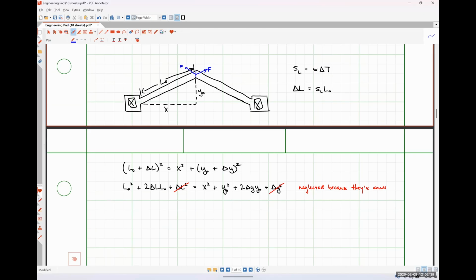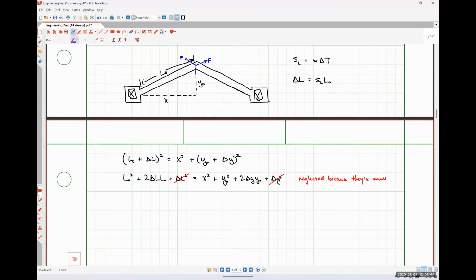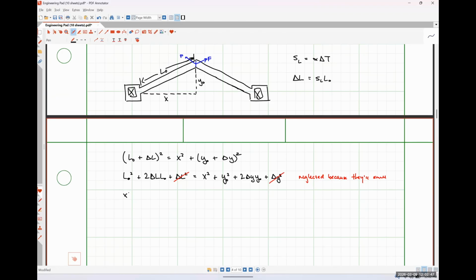So since x doesn't change, looking at our original system, x squared is just L naught squared minus y naught squared. So L naught squared is equal to x squared plus y naught squared. Again, it's just the Pythagorean theorem.